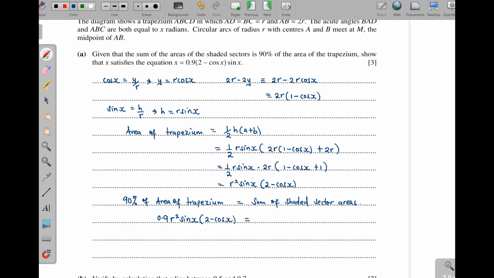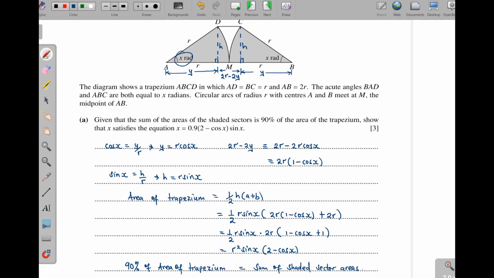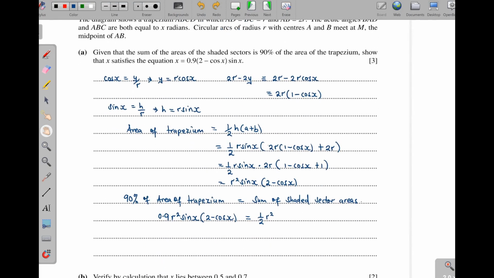Then this one will be equal to, you know that area of a sector is a half r squared theta. So it is a half r squared. The theta we are talking about is this x here. So I'll put an x here. Then there are two of them, so times 2. And they are identical.